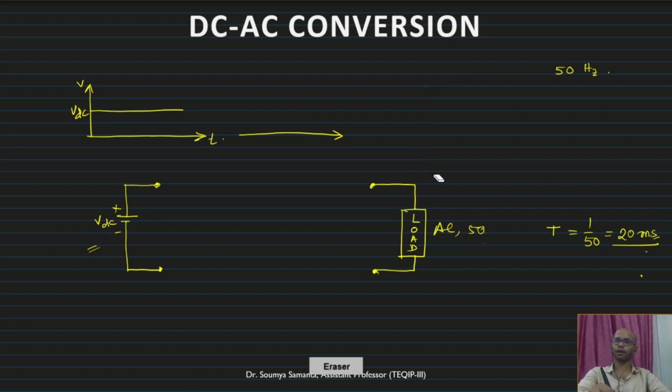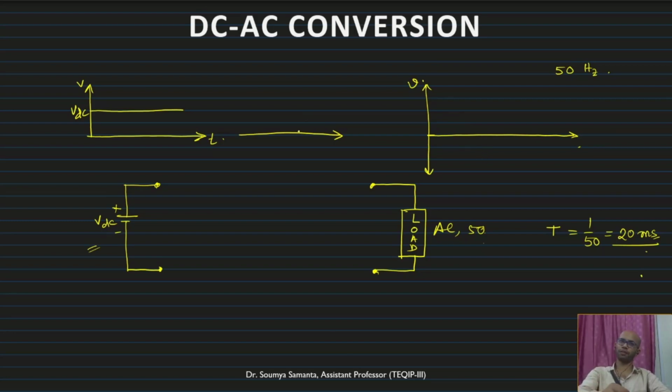If I draw it here, that is the output AC voltage. This is the input and this is the output we require with 50 Hz. So obviously the total time period will be 20 milliseconds. This is time in milliseconds.